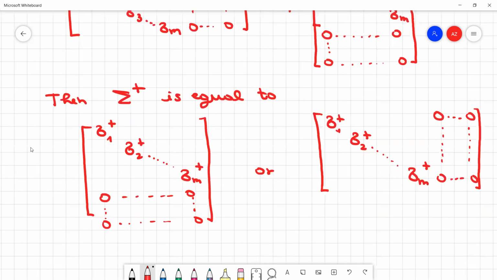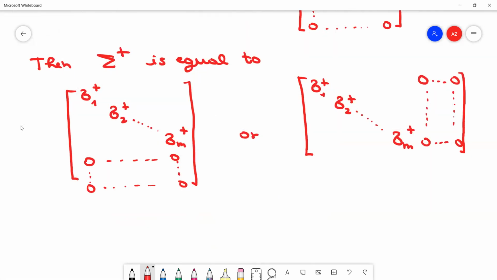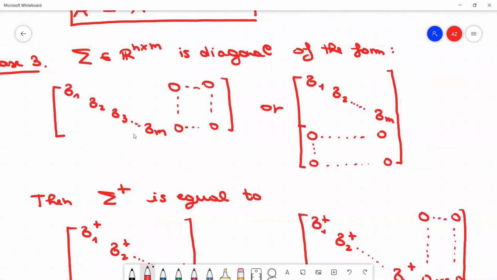So what are those sigma i pluses? Sigma i plus is equal to... Why I didn't write sigma i to the power of -1, because here I didn't assume that those sigmas are all non-zero. So some of them could also be zeros. So that I could handle everything in one case, I just wrote sigma 1 up to sigma m, and allowed that some of them are zeros.